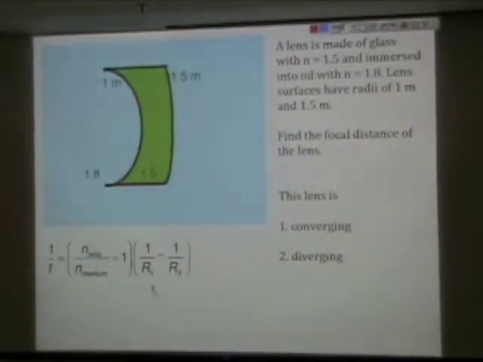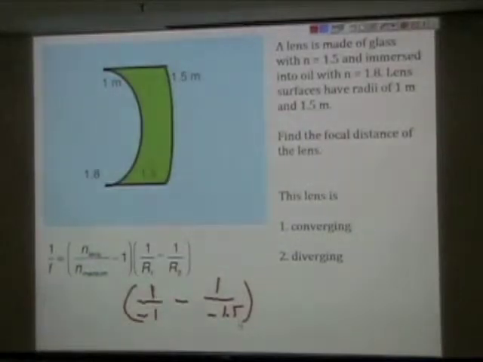So what we have is 1 over some negative number, negative 1 minus 1 over negative 1.5. So this combination, is it a positive number or a negative number? Tell me.